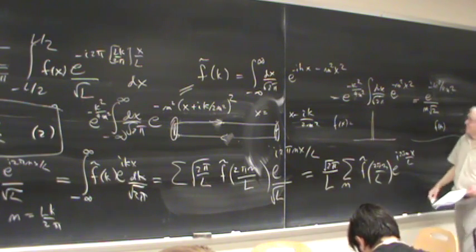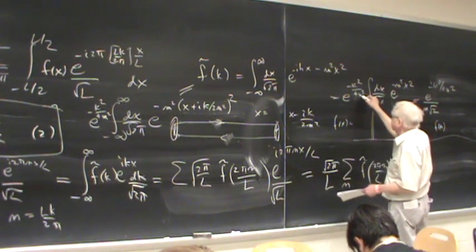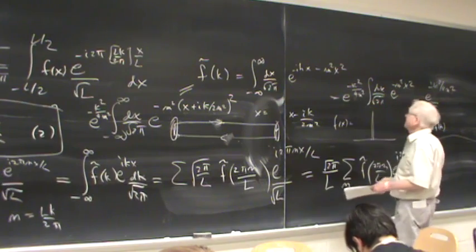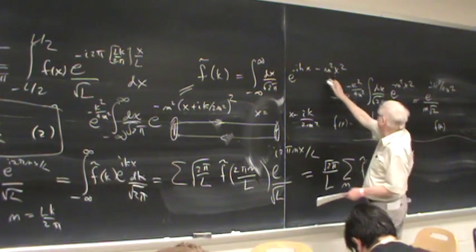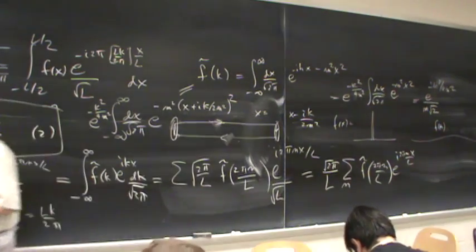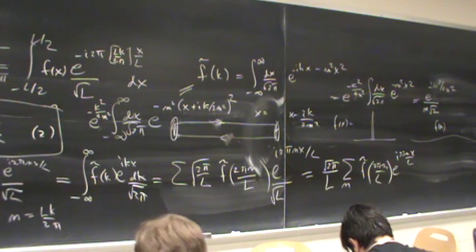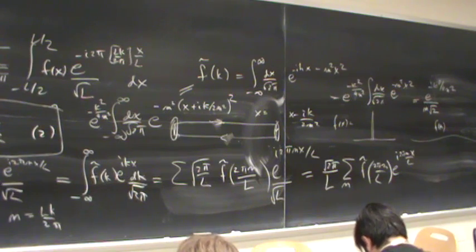On the other hand, if m squared is small, then the original function looks like this. I should get colored chalk. I've got colored chalk here. Well, they're a nice color.